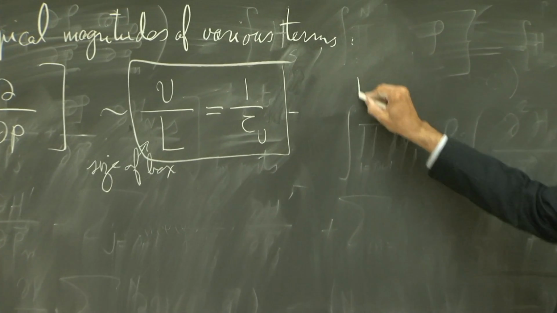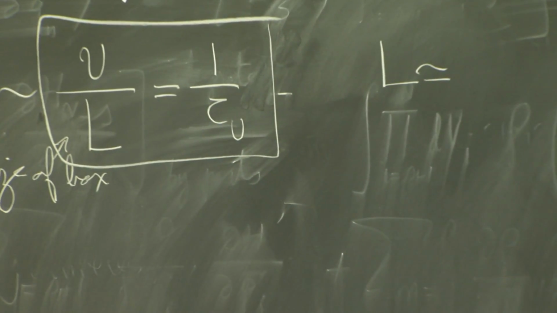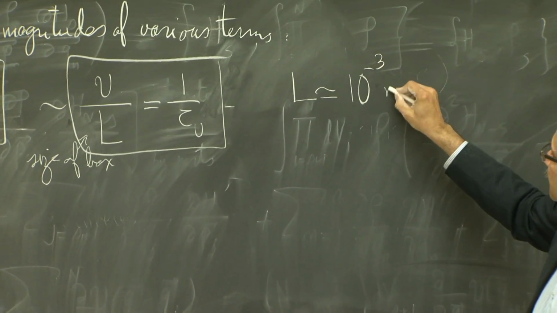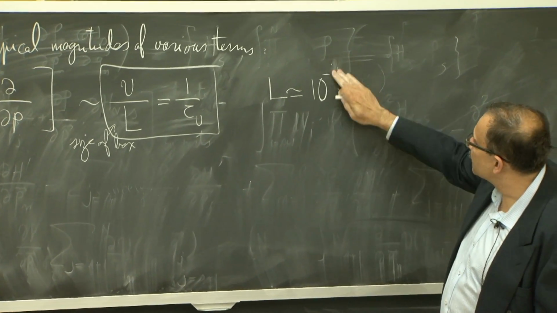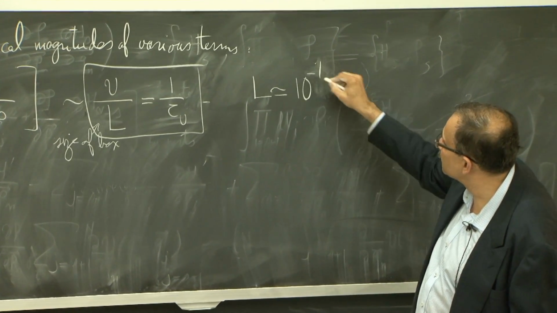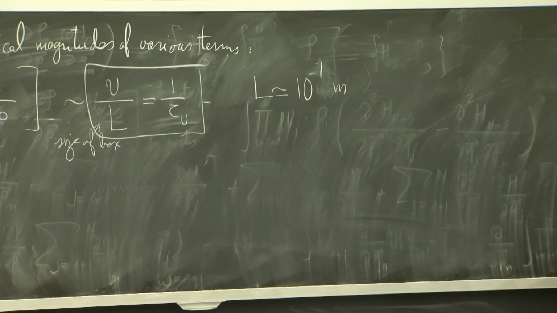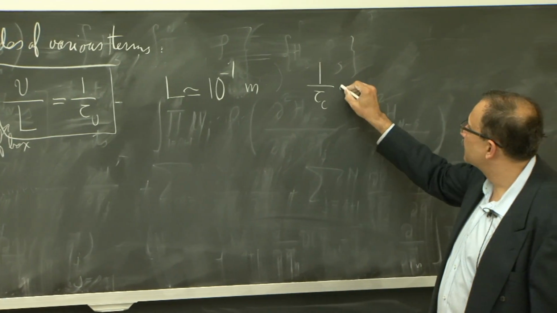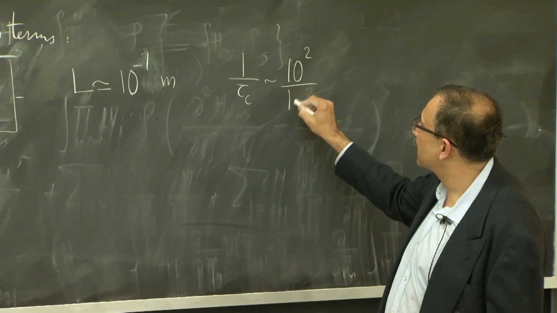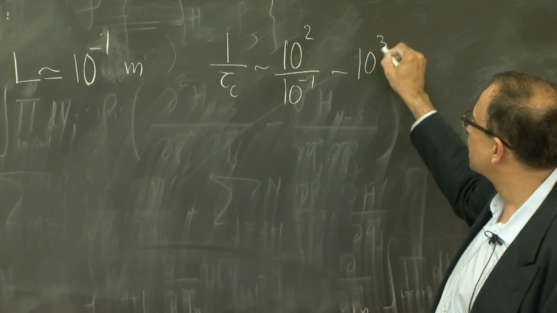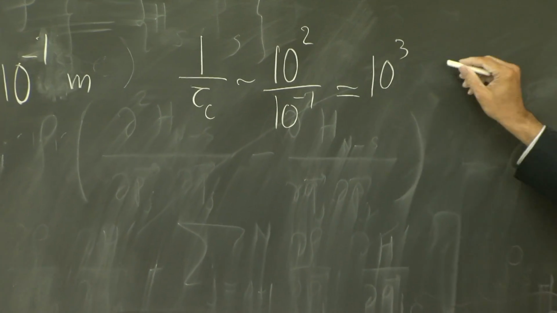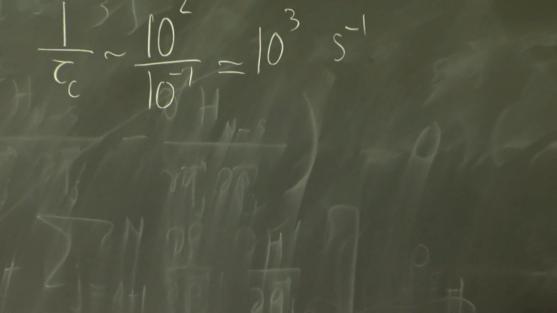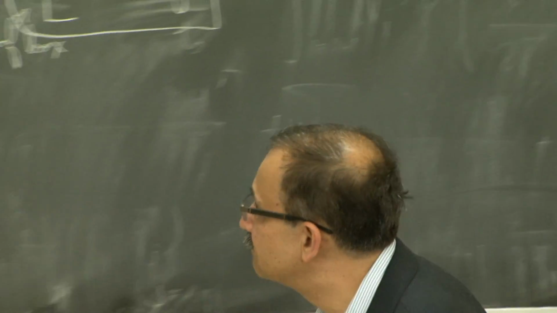Let's say we have a typical size of the order of millimeter. If I make it larger, it will be larger. So actually, let's say we have 10 to the minus 3 meters. Actually, let's make it bigger. Let's make it of the order of 10 to the minus 1 meter, a reasonably sized box. Then you would say that this 1 over tau u is of the order of 10 to the 2 divided by 10 to the minus 1, which is of the order of 1,000. Basically, it takes a millisecond to traverse a box that is a fraction of a meter with these velocities.